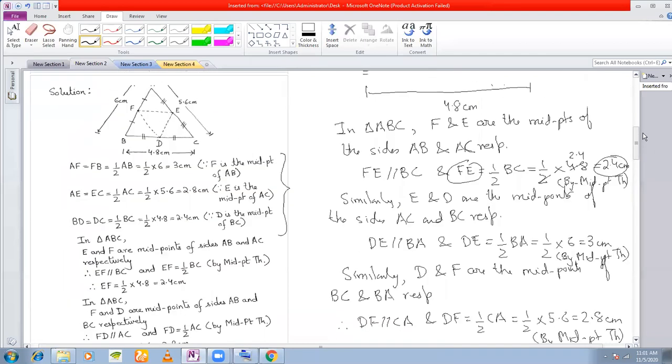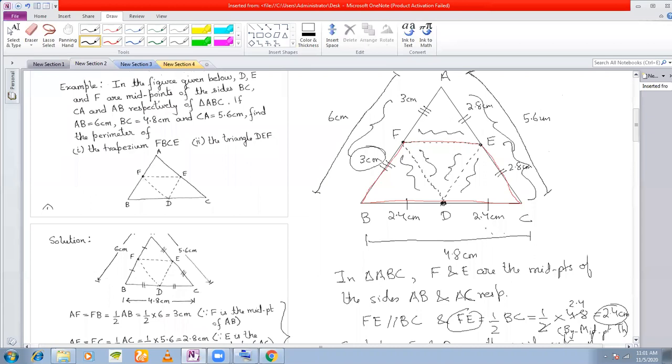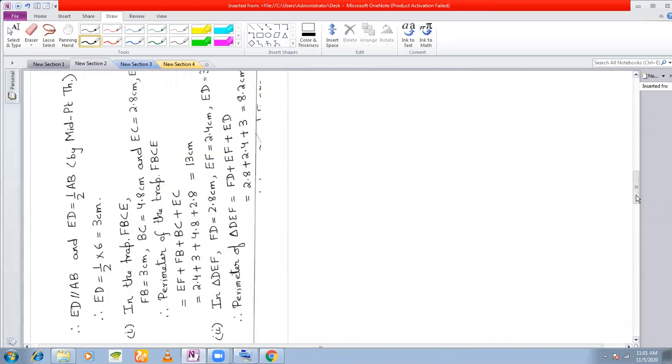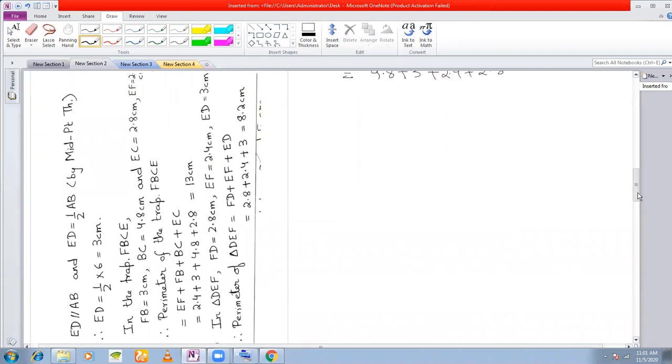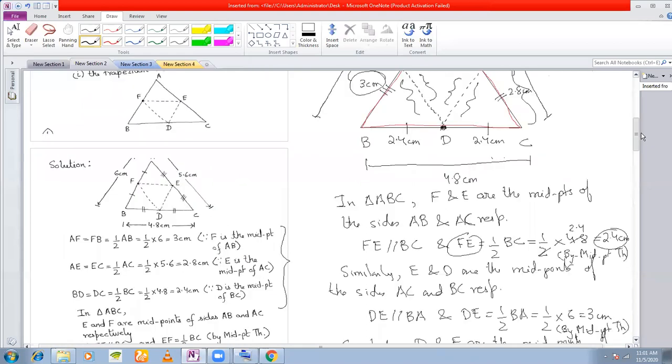And EC, this length is 2.8. Okay, so that is all. And this adds up to 13 centimeters. This is the perimeter of the trapezium. Okay, so simple enough sum.